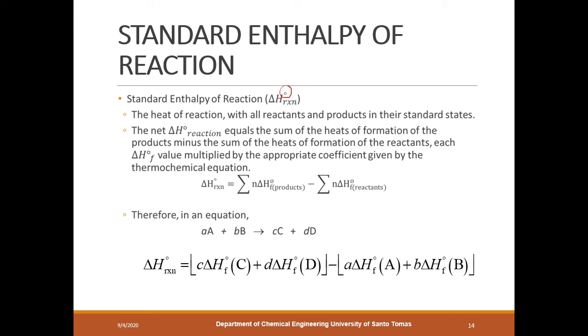So in order for us to determine that standard enthalpy of reaction, we are going to have this pattern. What is involved here would be the standard enthalpies of formation for the components that take part in our products, multiplied with the corresponding number of moles for the product, and then we will be subtracting from here the sum of the standard enthalpy of formation of our reactants.